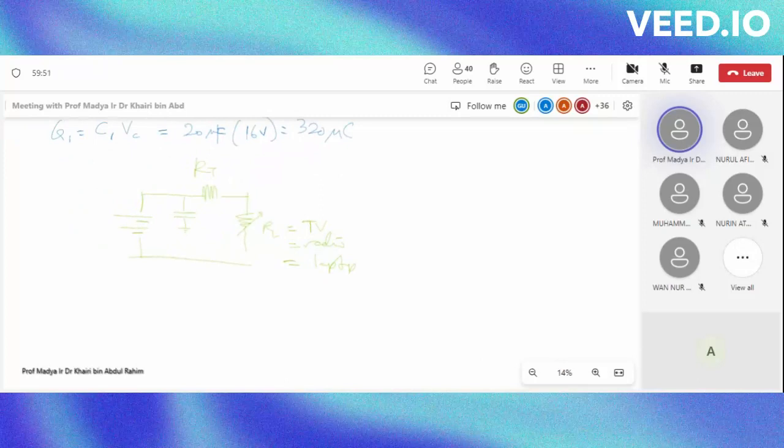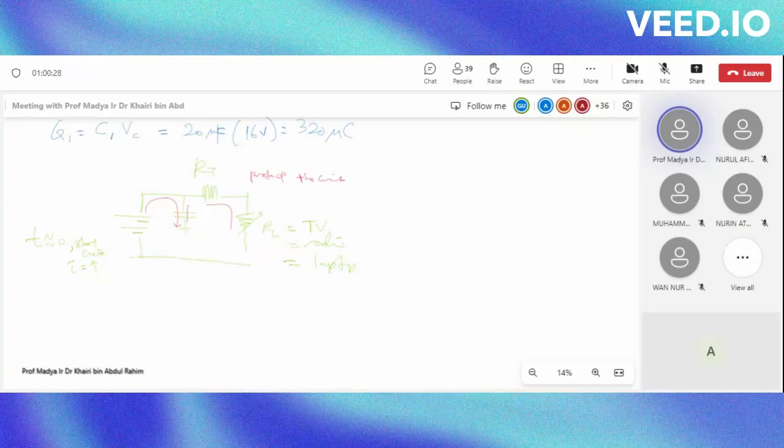remember, at t equals close to 0, it becomes short circuit, right? And therefore all current will be high. So in this case, at the start of, let's say you turn on your TV, huge current will flow to the ground, because it's being short circuit, and therefore it protects the circuit.